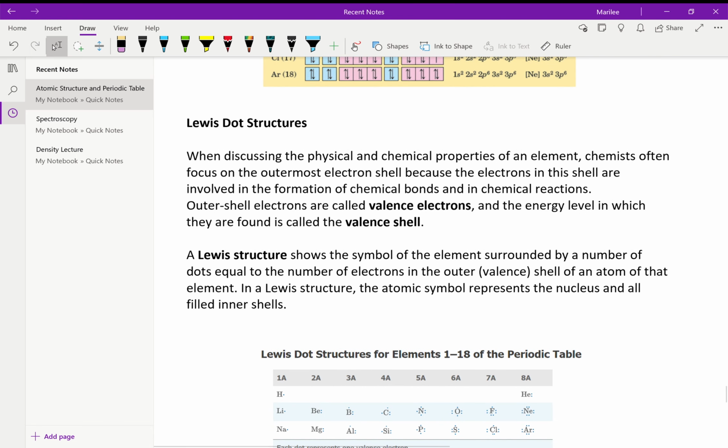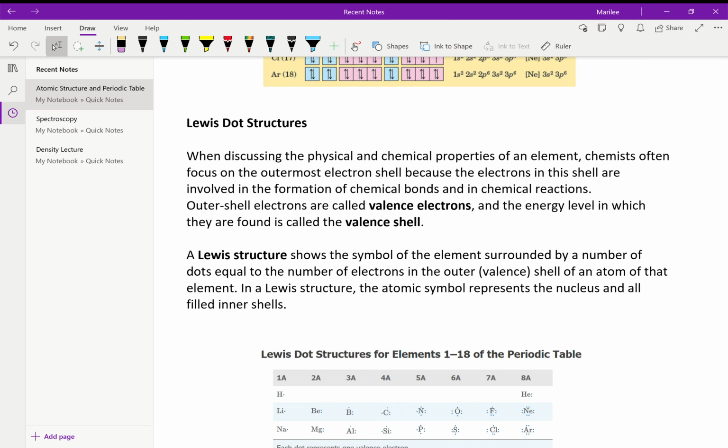Then we have our Lewis dot structures. When discussing the physical and chemical properties of an element, chemists often focus on the outermost electron shell. And the reason is because these outermost shells are involved in chemical bonding, which causes chemical reactions to take place.